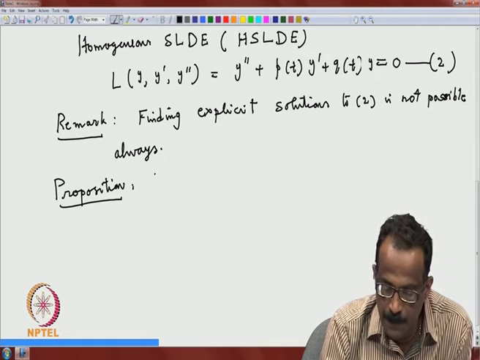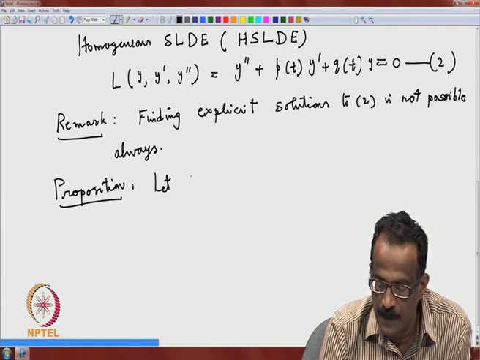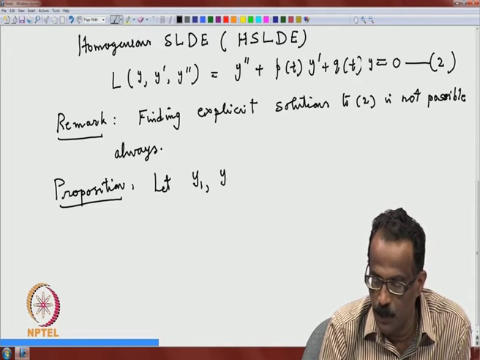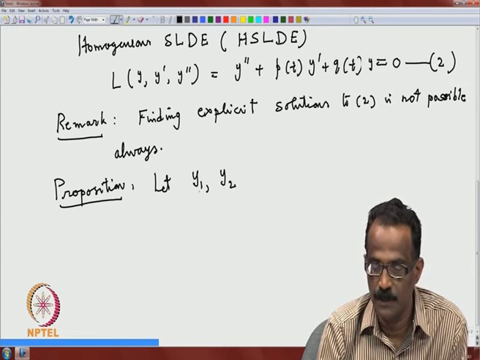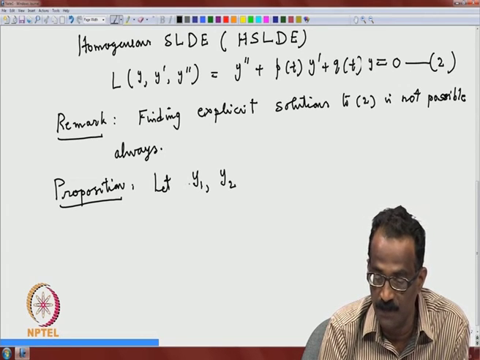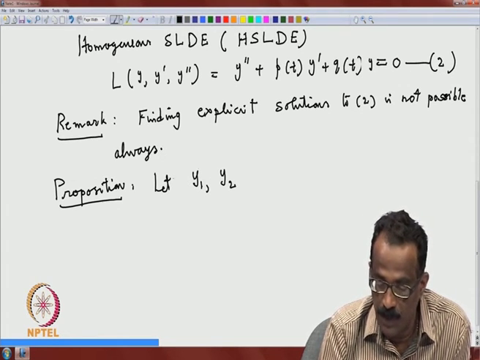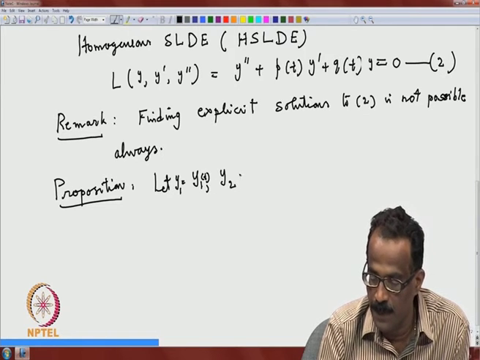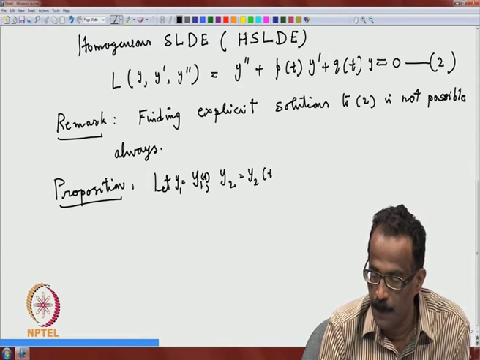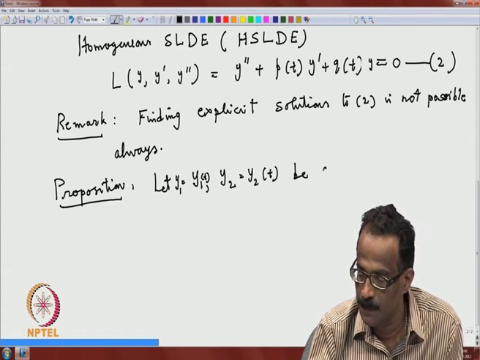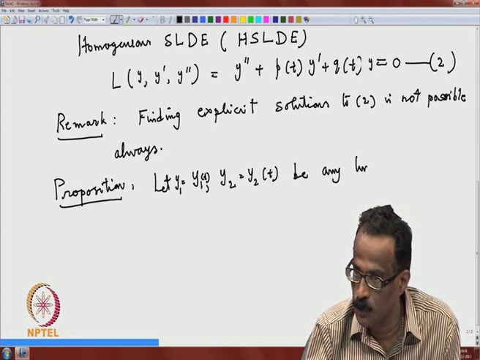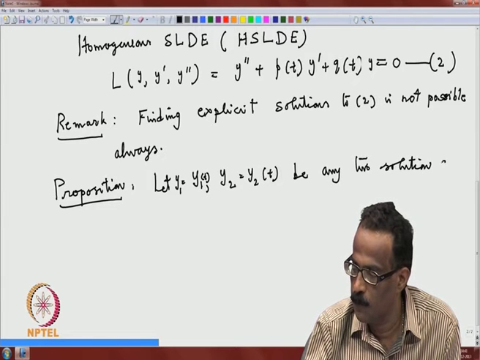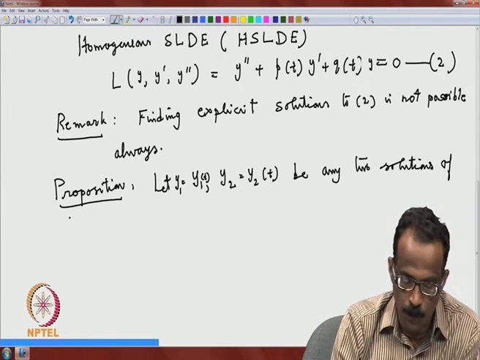Let y1 equal to y1 of t and y2 equal to y2 of t, where y1 and y2 are functions of t, not initial conditions, be any two solutions of equation 2.